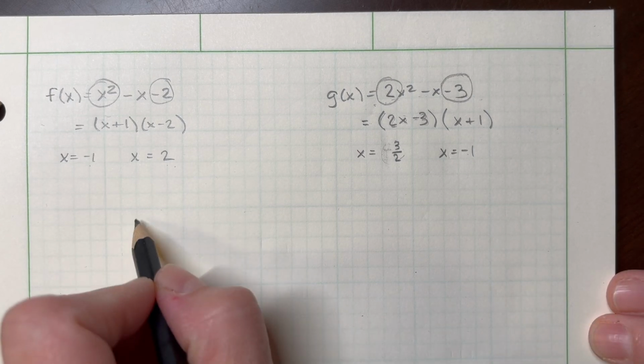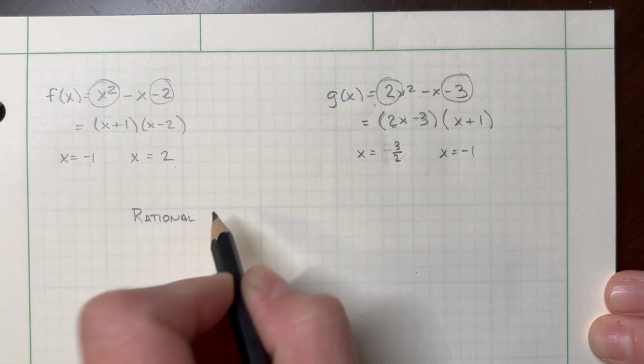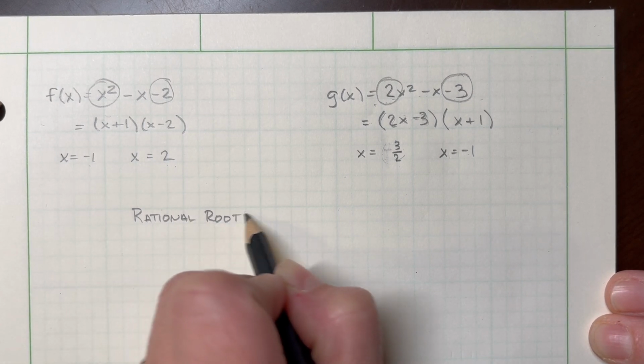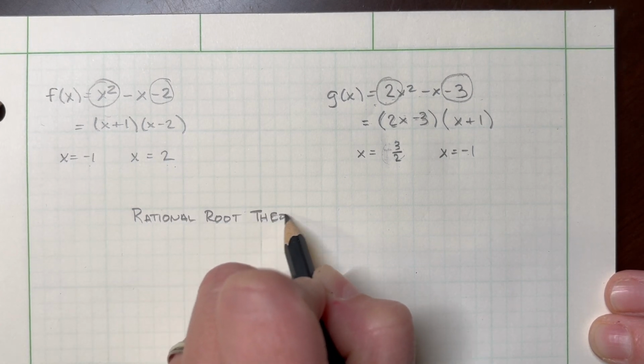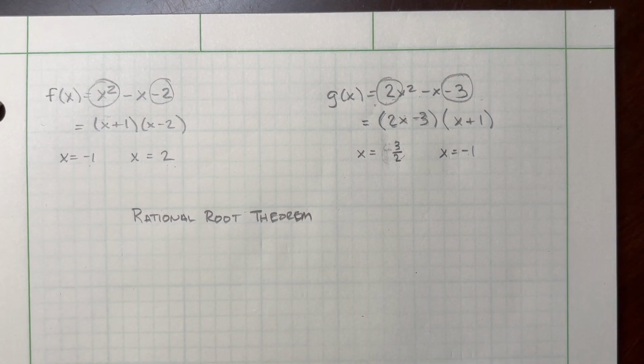And this is where the rational root theorem comes in. The rational root theorem allows us to take an unfactored form of a polynomial function and identify candidates that might possibly be roots that are rational numbers for that function.